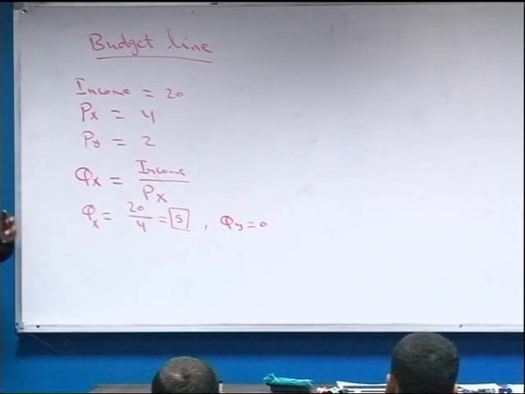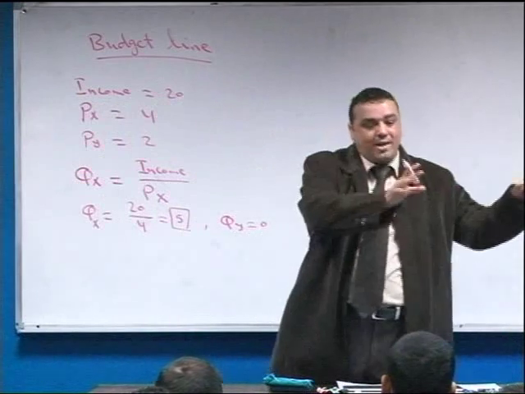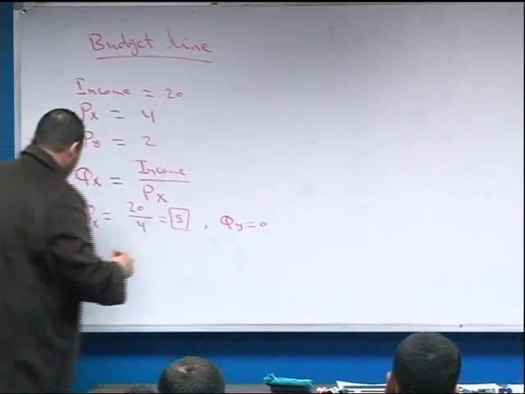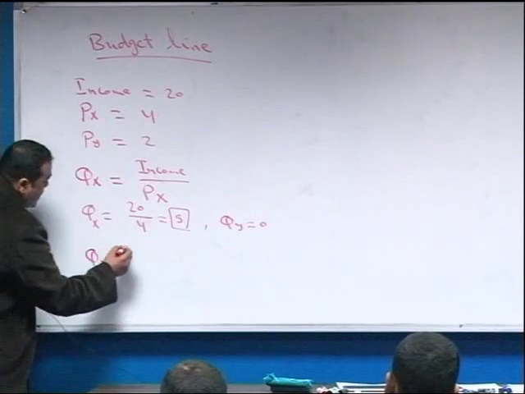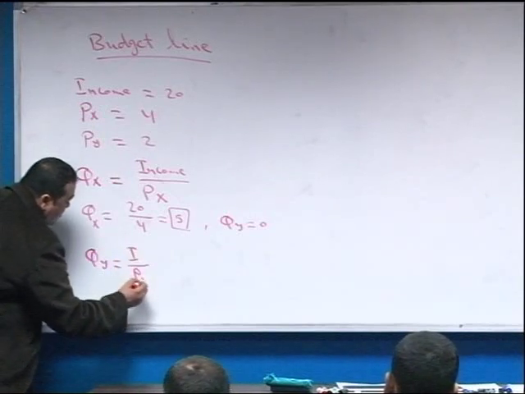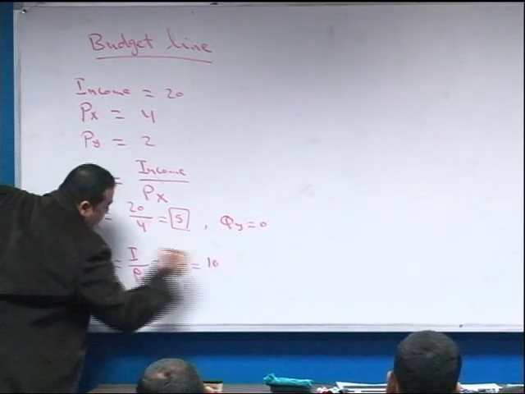What about if you decided to spend all of your income to buy only Y? QY equals income over the price of Y. 20 over 2 equals 10.